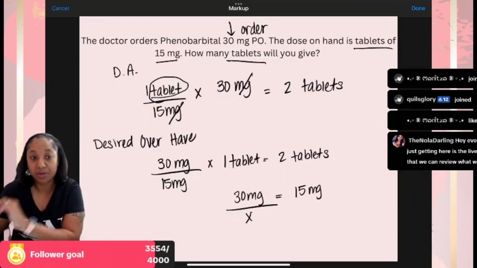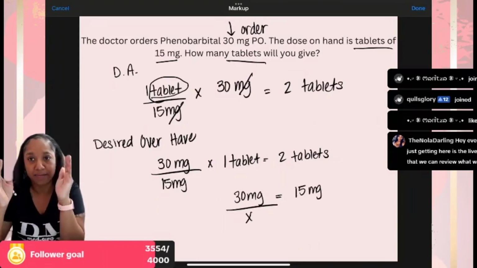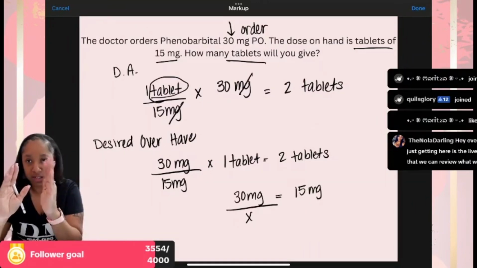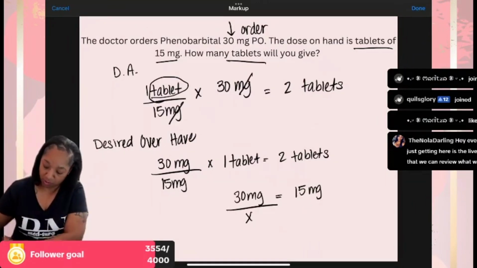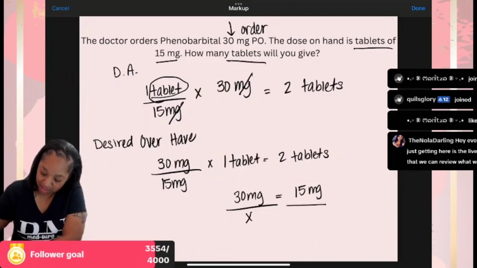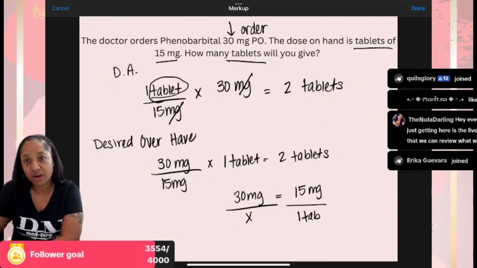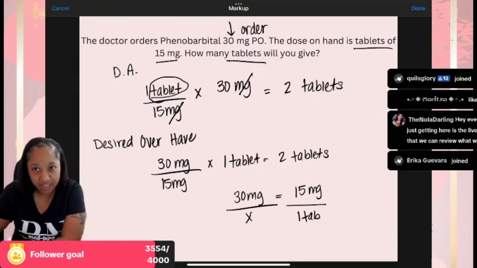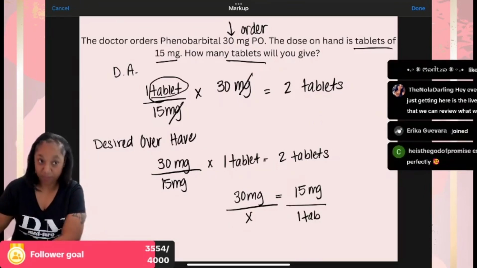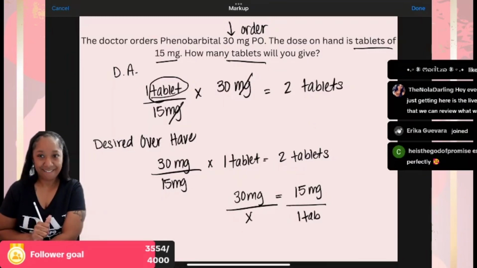We put milligrams at the top, because milligrams can't equal milliliters. Milligrams have to be milligrams. Remember, with an equal sign, everything has to be equal. So we have milligrams on top and a tablet at the bottom, because we're looking for how many tablets to give the patient. Boom. You got me now?